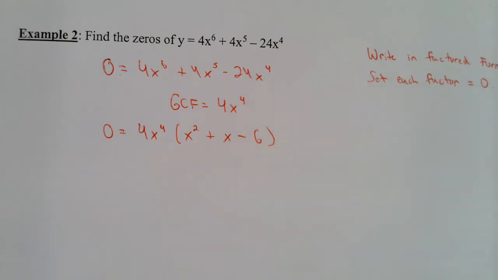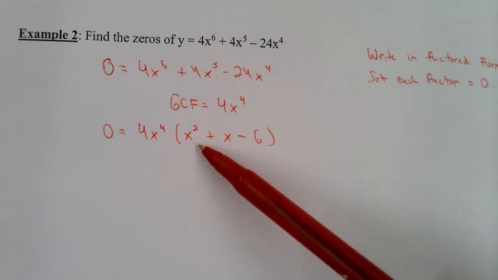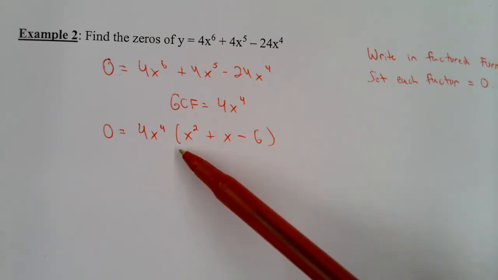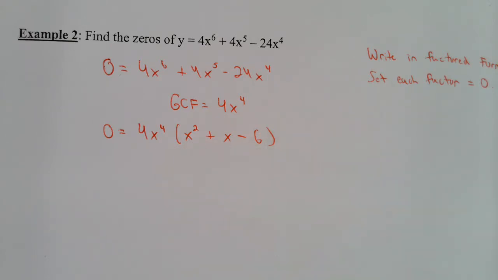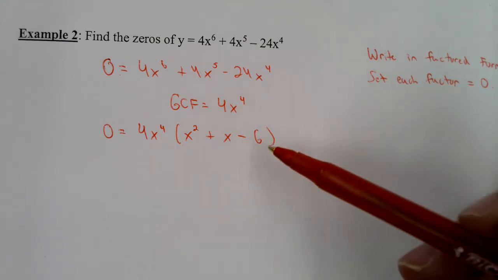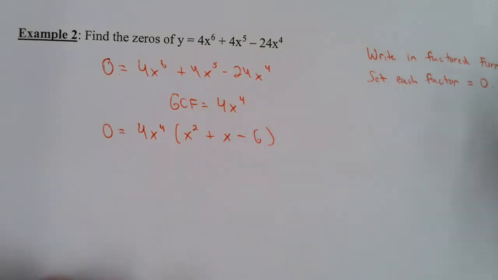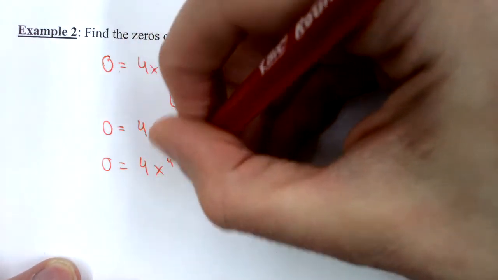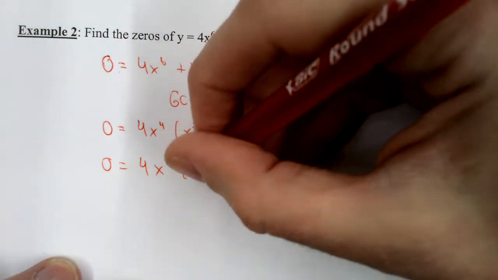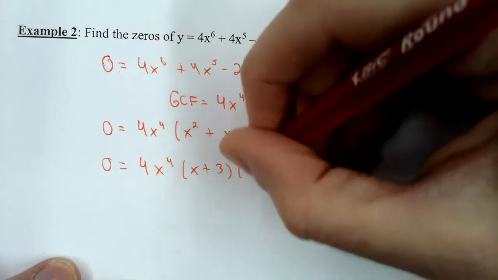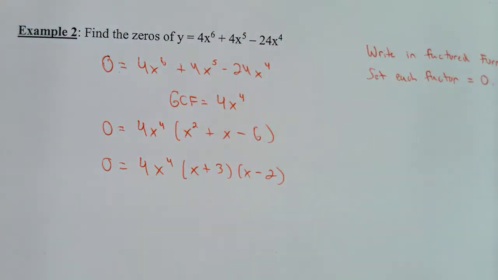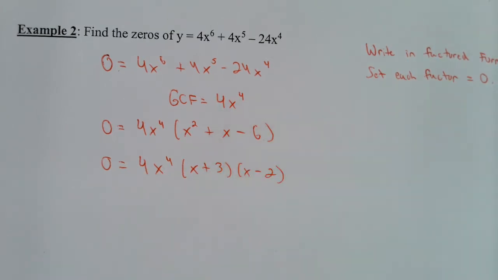Now, what you're going to do is you're going to factor this trinomial there. That should be pretty easy because it's 1x squared. So all you have to do is find two numbers that multiply to negative 6 and add to 1. So think about that. But it's x plus 3 times x minus 2 because 3 times negative 2 is negative 6 and 3 plus negative 2 is 1.